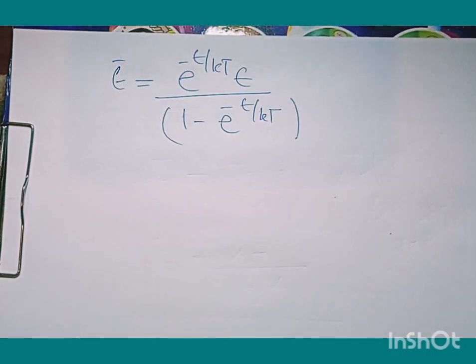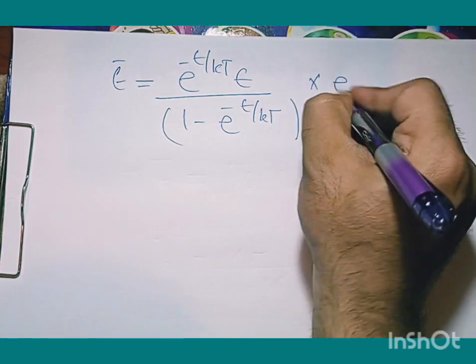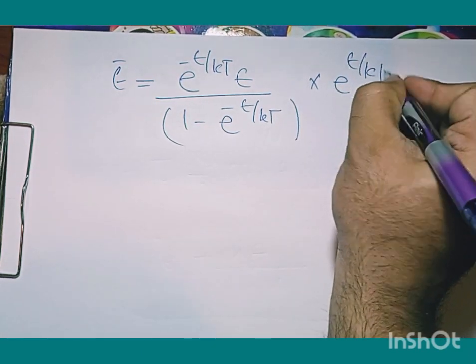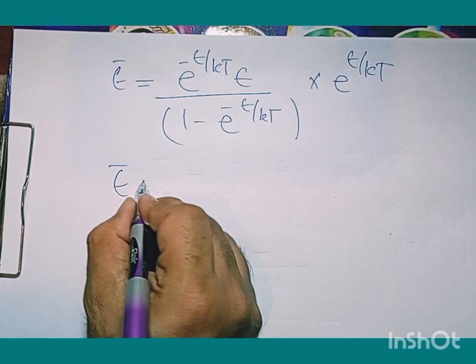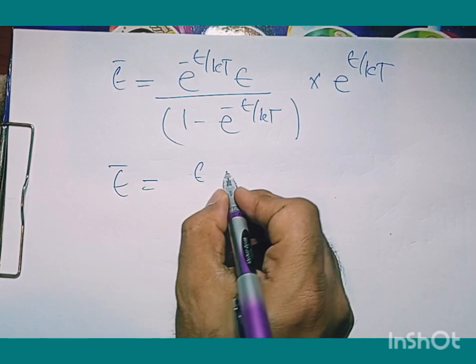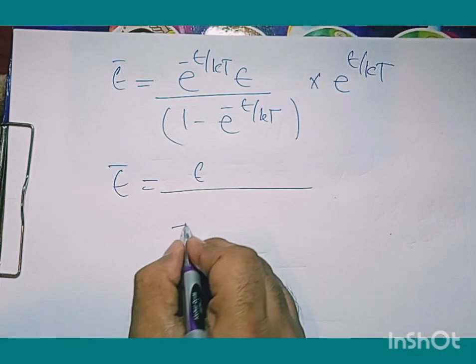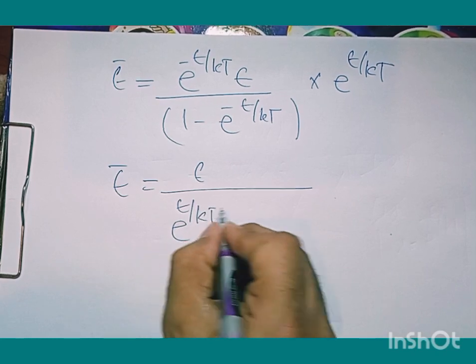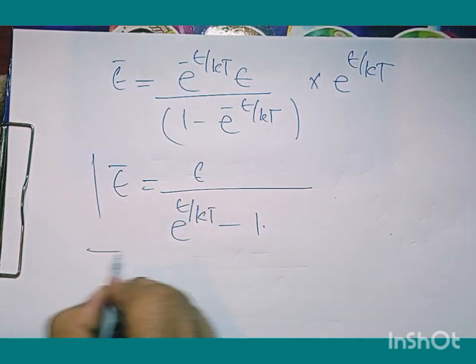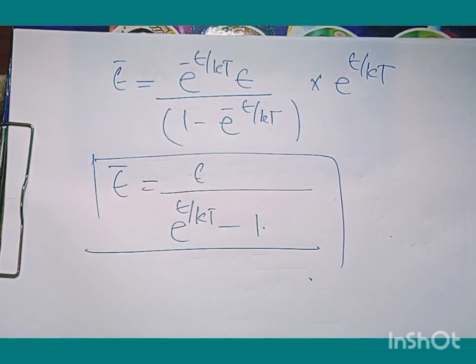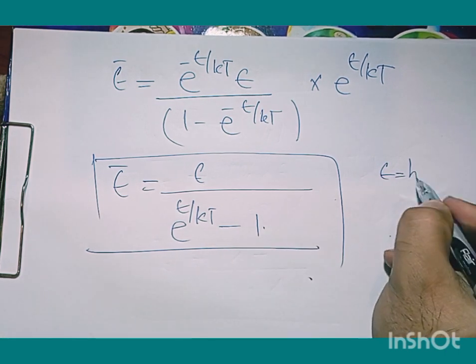All right, I can multiply and divide by e to the power of epsilon by kt. So what will I get? E bar will be epsilon times 1 divided by e to the power of epsilon by kt minus 1. Now, according to Planck's hypothesis of quantum theory, this epsilon is h nu.